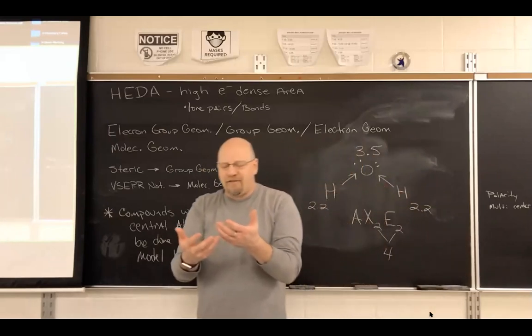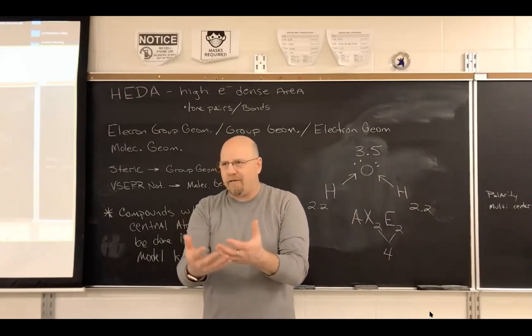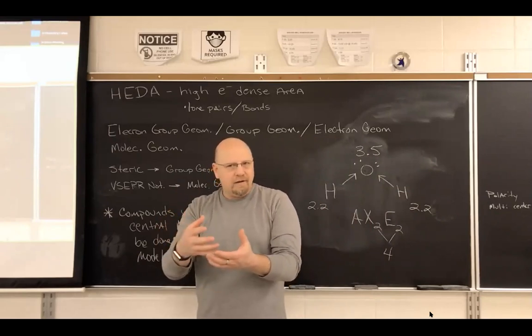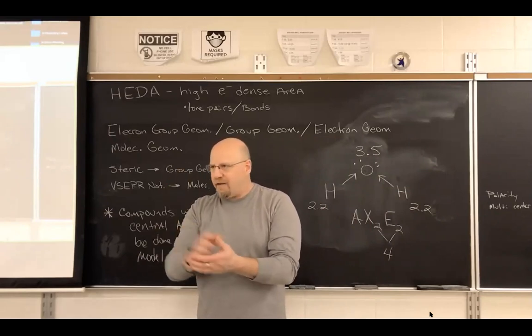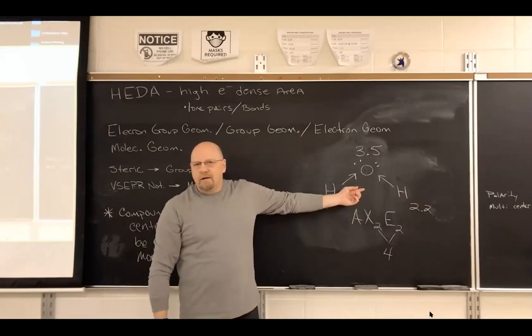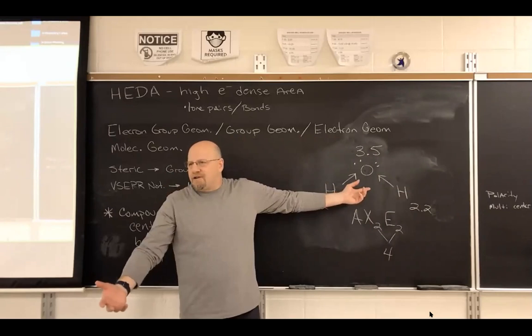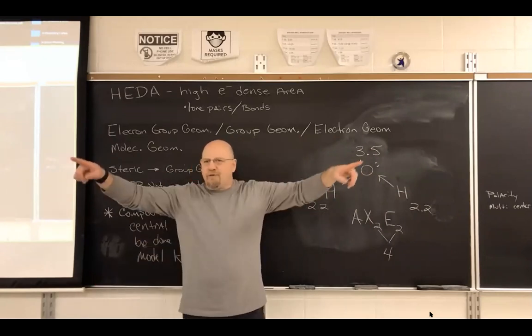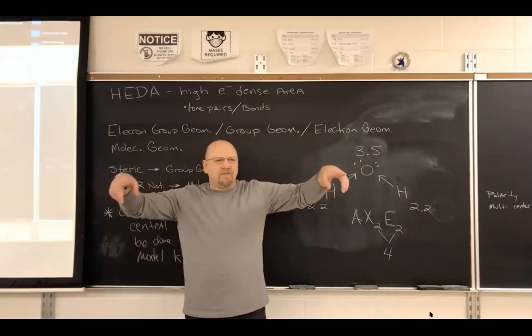You don't have to be a perfect artist and draw it like it is on the screen. Still use letters and lines, but this is water. It's got a bent structure. Don't draw it in a straight line. That's misleading.